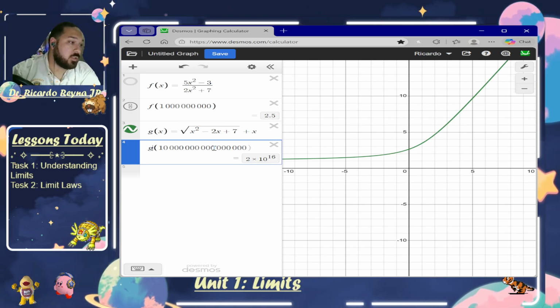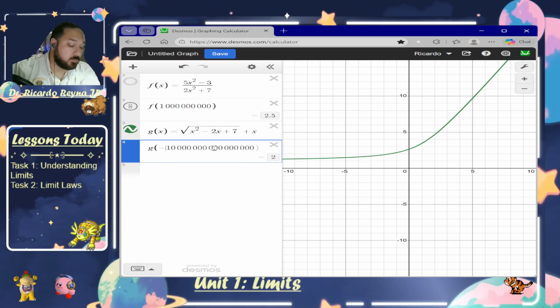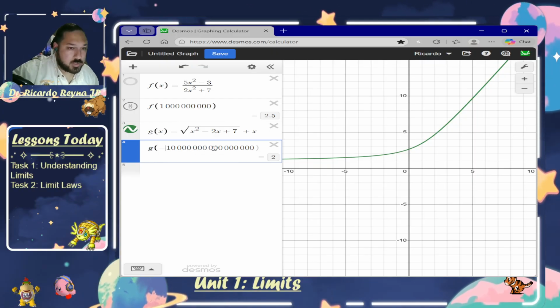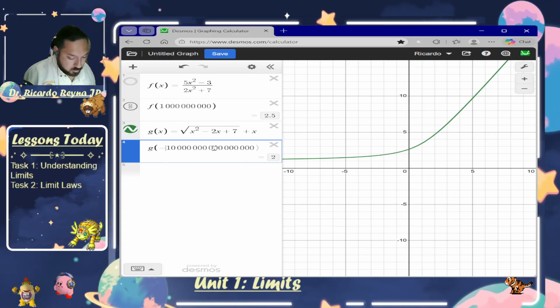But as we go towards the left with a negative number, it seems to go towards 2. Wait, let me see. Is this 2?